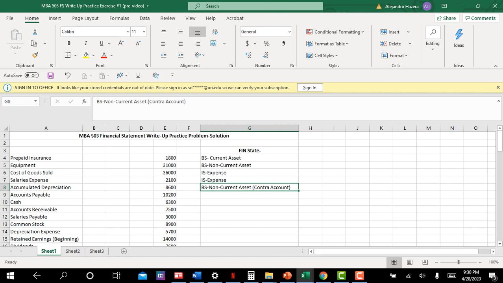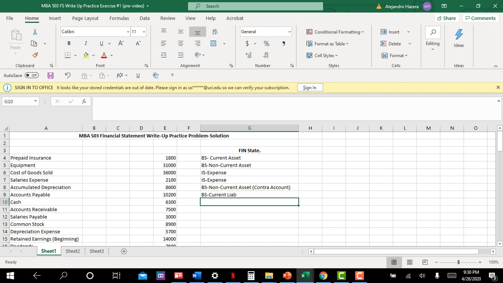It's something that we deduct against a long-term asset account. You'll see what I do with it when I get down to the balance sheet. Accounts payable, that's a balance sheet account. That's a current liability.